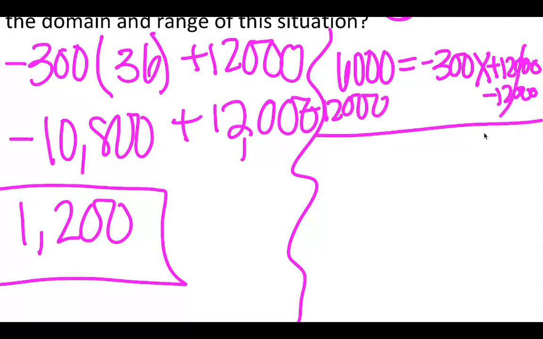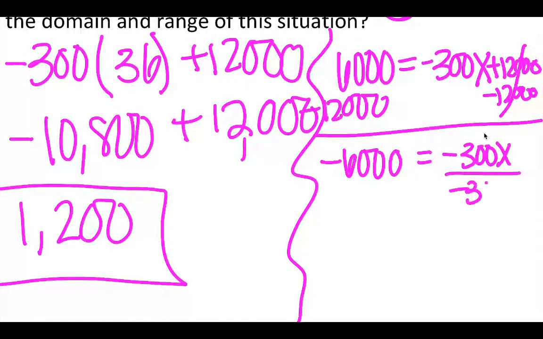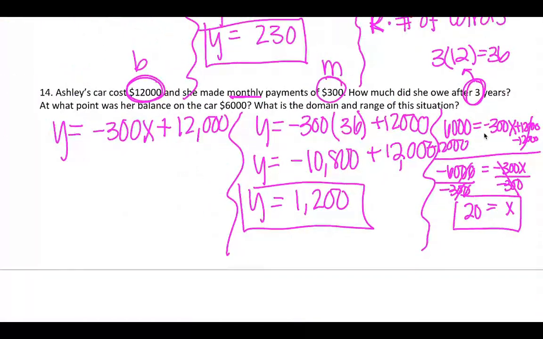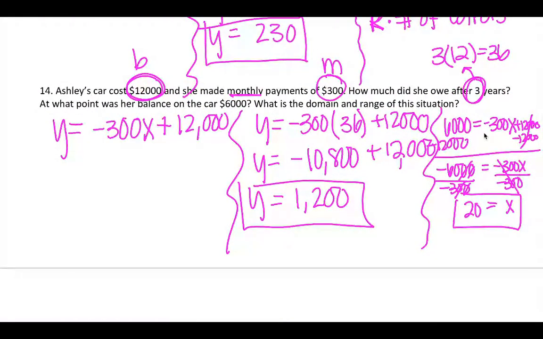So I have negative 6,000 equals negative 300x. I divide by negative 300, divide by negative 300. That goes away. I'm left with x. I can take some of these zeros away. Negative 60 divided by negative 3 is positive 20. So her balance of $6,000 will happen after 20 months.